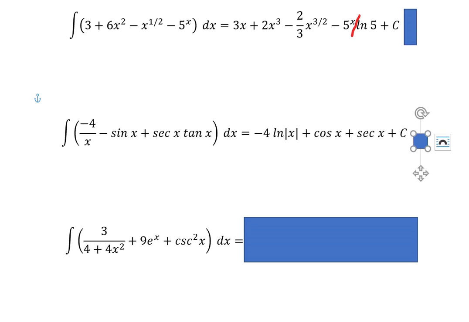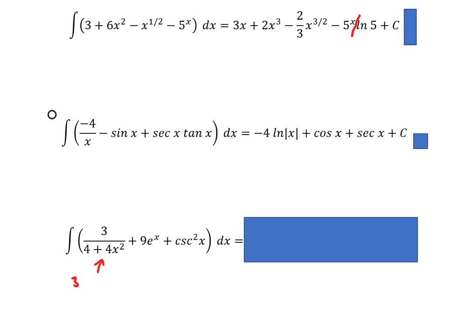Third one here, 3 over 4 plus 4x squared, plus 9e to the x, plus cosecant squared x. We're going to find the integral of this whole thing here. Now this first term may look a little bit odd, so allow me to rewrite it like this, and then maybe you'll see what's actually happening here.